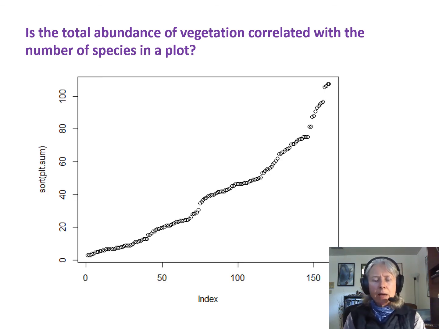You will likely have to stretch the plot window in RStudio to see that the total cover per plot ranged from 3% to just over 100%. How can you get more than 100% cover? That's because each species was estimated individually and then those were summed. So it's possible to get more than 100% cover in that way in a single plot.